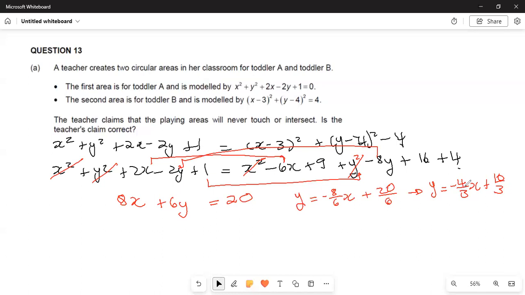And they chose to substitute it into that equation over here.